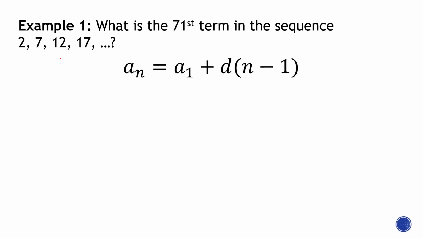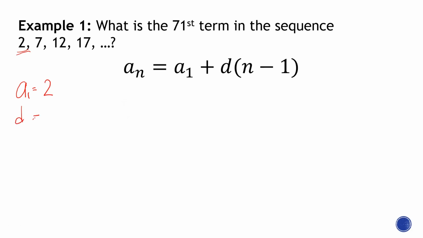Now, the question is, what is the 71st term of the sequence? The shortcut is by using this formula. So, let's find out what is the 71st term. First, we need to know these three variables. a_1, which is the first term of the sequence, and that is obviously positive 2.